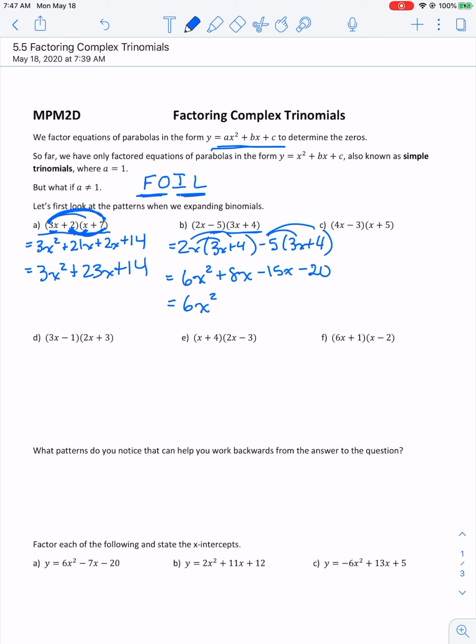You get 6x squared minus 7x and minus 20. So I'll let you do the rest of these. You can stop the video and then come back. Okay, so go ahead and do them, and I'll just quickly do them here as well.